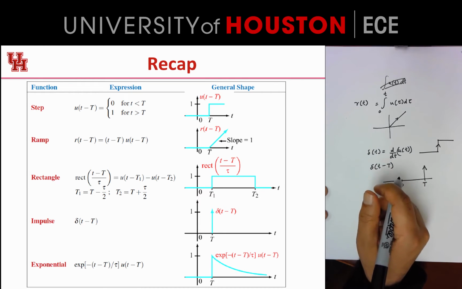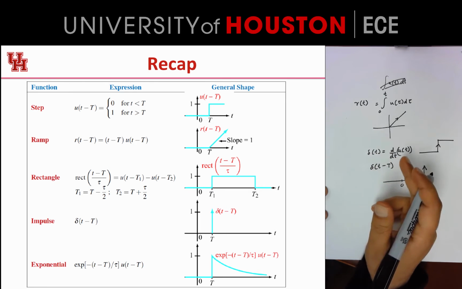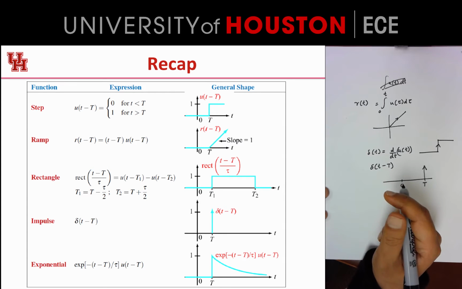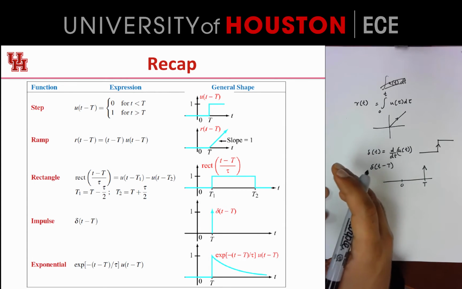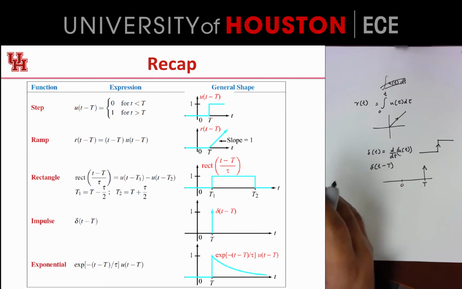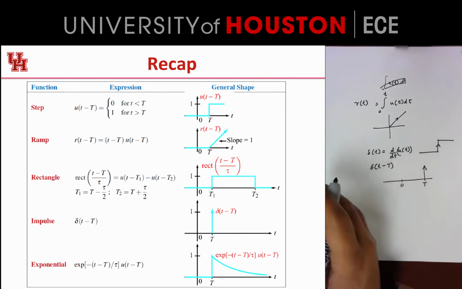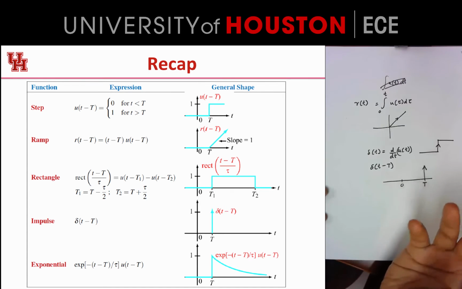We can also scale a signal by multiplying it by something. And we can add signals, we can subtract signals. So these are some of the basic operations that we can conduct on signals. And by using these operations and the basic building blocks, we can build up more complicated signals.